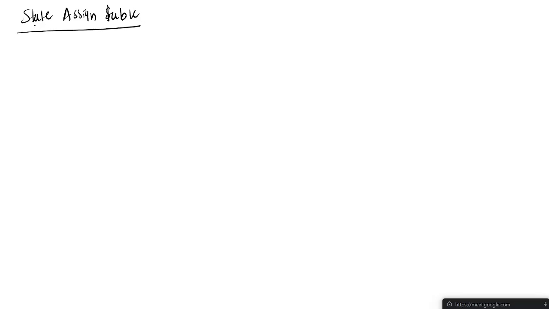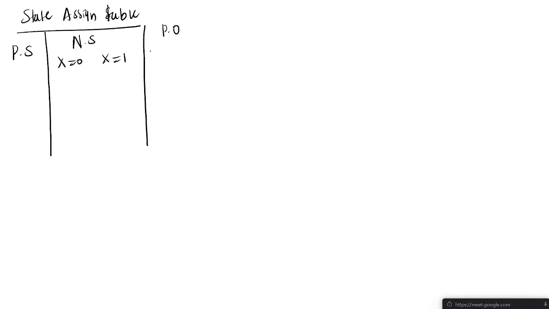State assignment table. So present state and next state for x equal to 0 and x equal to 1, and next you have present output x equal to 0 and x equal to 1. Okay. So you have 00, 01, 10.